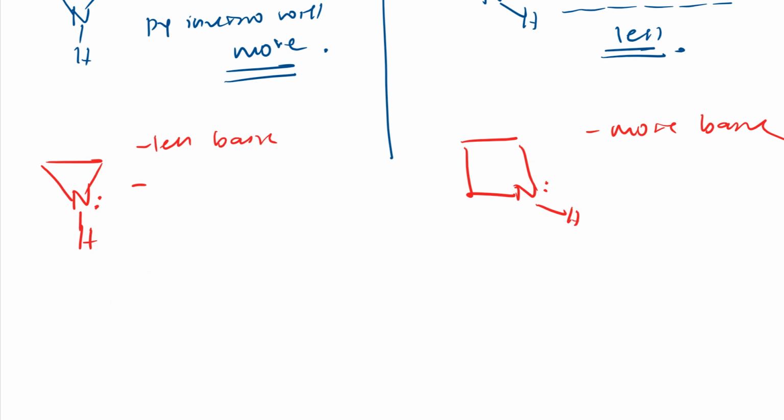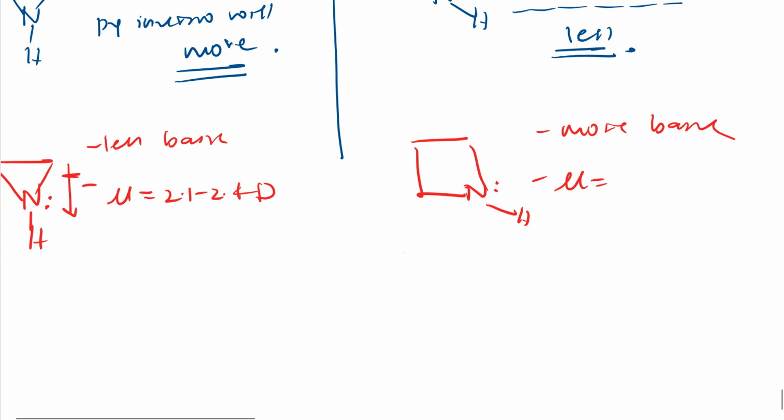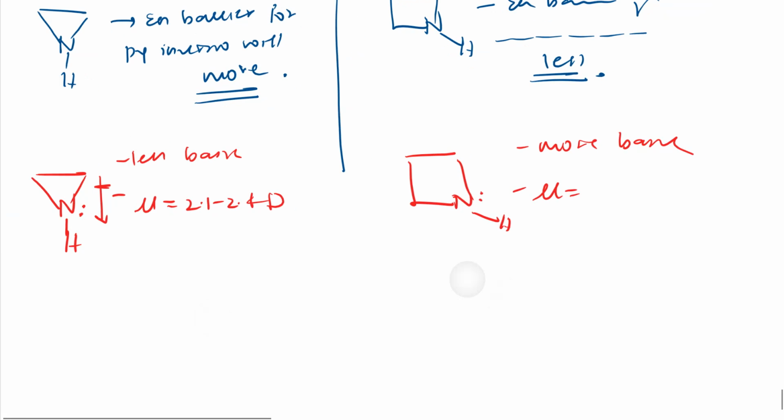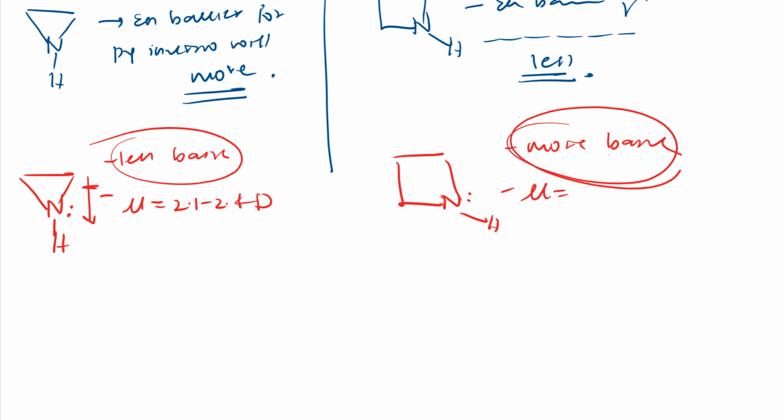And the last one is dipole moment. If you see the dipole moment, it will be around 2.1 to 2.4, whereas for the other, they haven't given a dipole moment here. So only these were the differences. This will be less basic, whereas this will be more basic, and they have compared this basicity to secondary or tertiary amines, so it behaves like a secondary or tertiary amine.